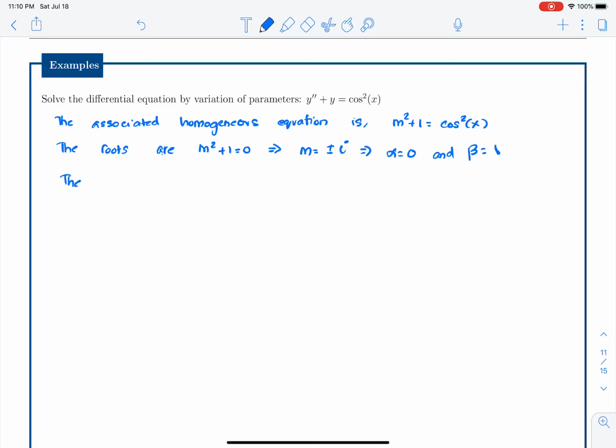The complementary solution would then be y equals c1 cosine x plus c2 sine x.